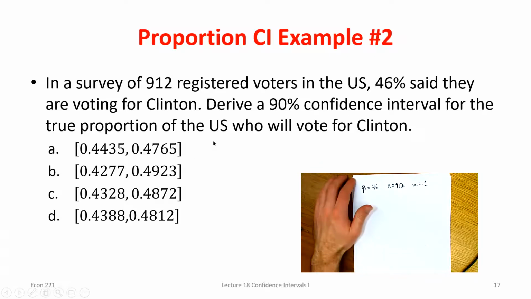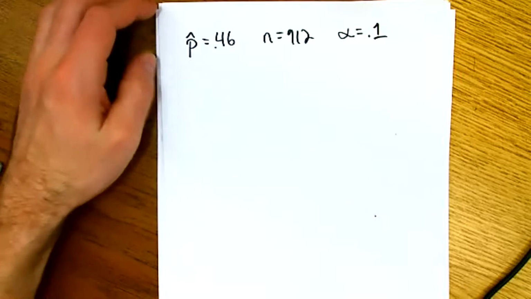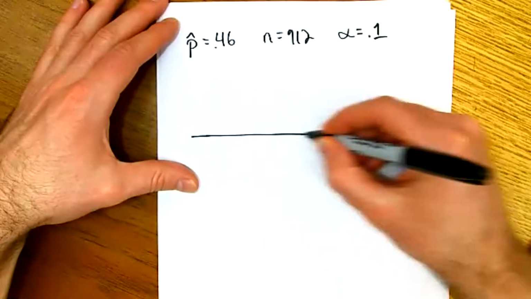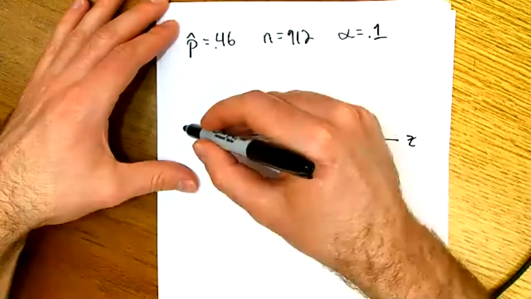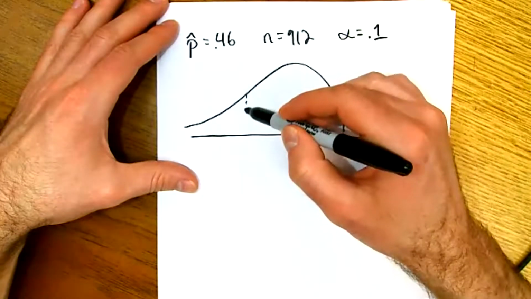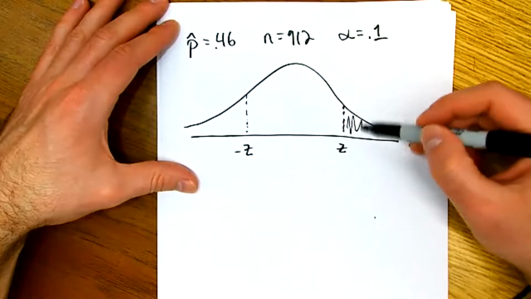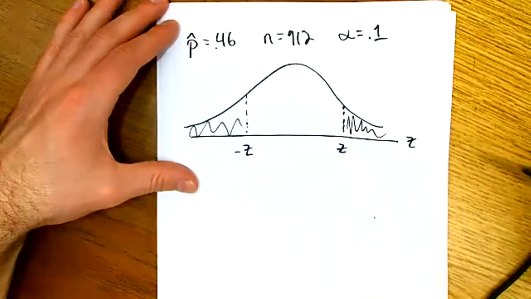So nothing looks wildly out of the norm here. Everything looks like 0.46 would be exactly in the middle of all these, so I can't rule anything out. So from here, it's just a matter of working through this problem. The first step we usually do is determine what z-score would give me alpha over 2 in each of my tails.